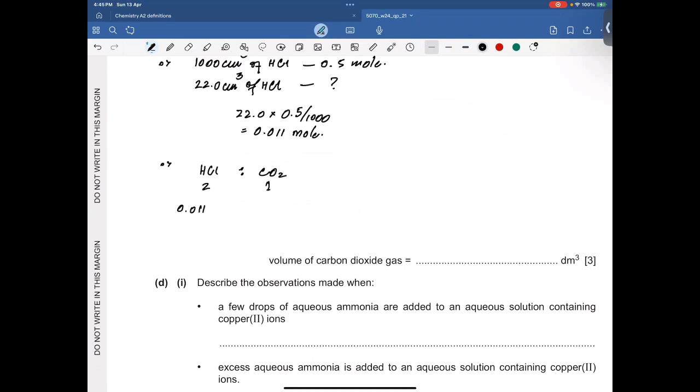So if we have calculated 0.011 moles, the moles of carbon dioxide would be 0.0055 moles.